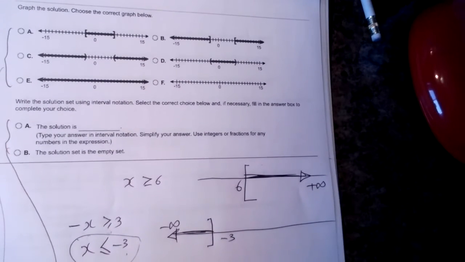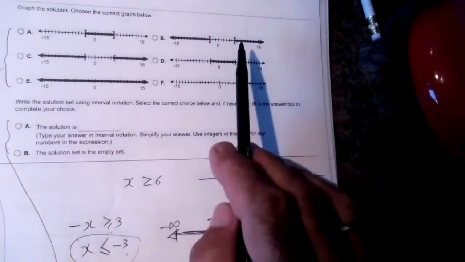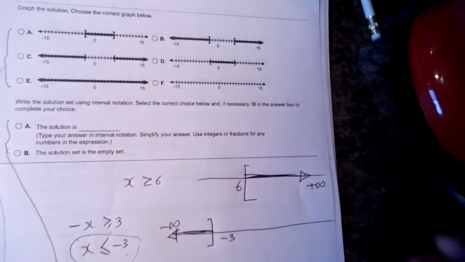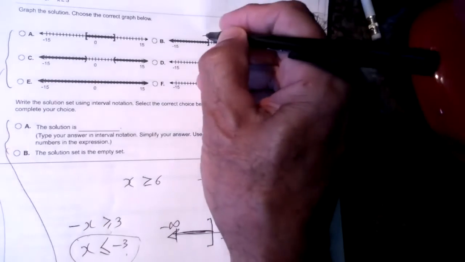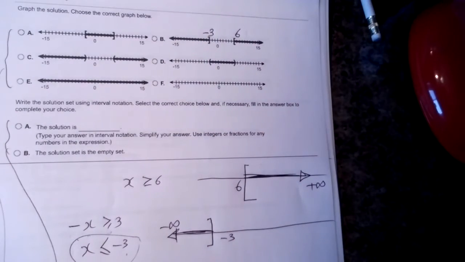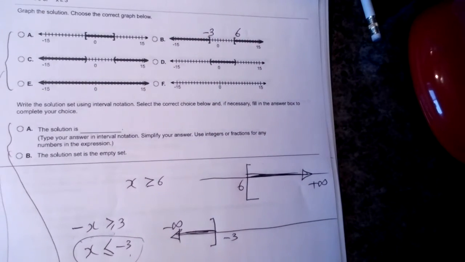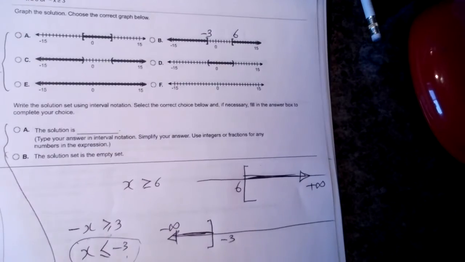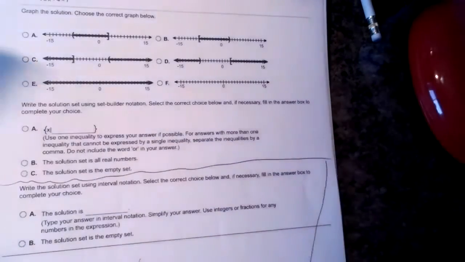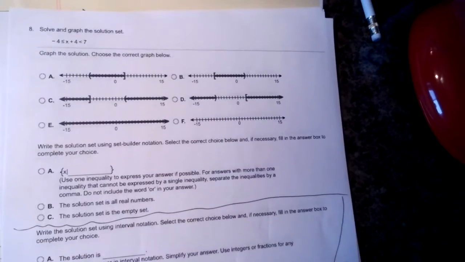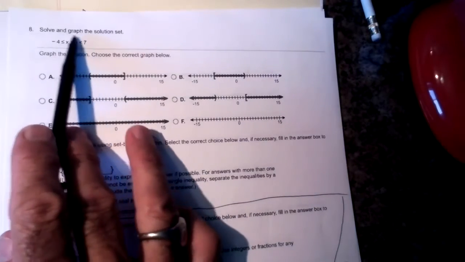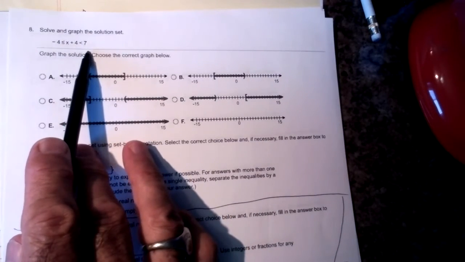From 6 to infinity, minus 3 to... When you see equations like this, it is another way of writing an intersection.